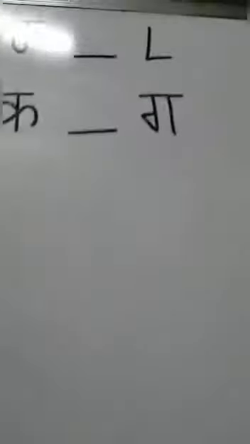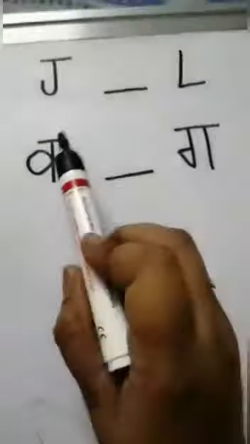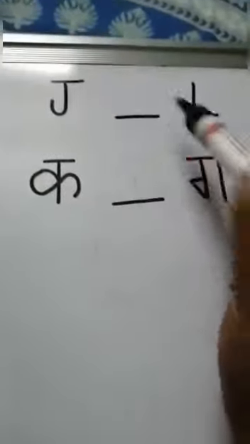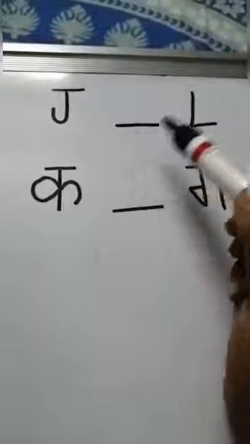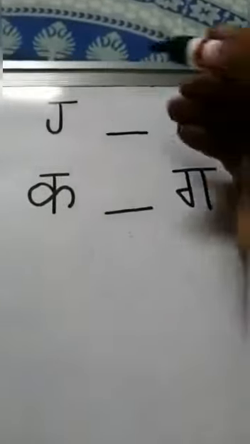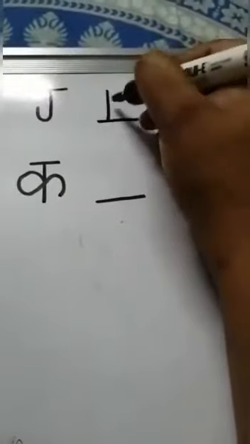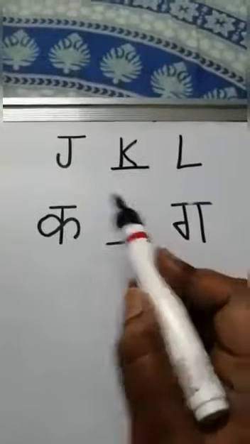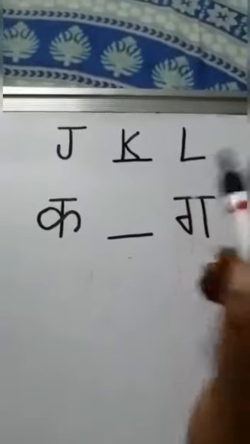Here we have letter J and letter L, and there's a blank in between them. So a letter is missing. Which is that letter? That letter is letter K. Let us write it over here. Letter K. So K comes in between J and L.